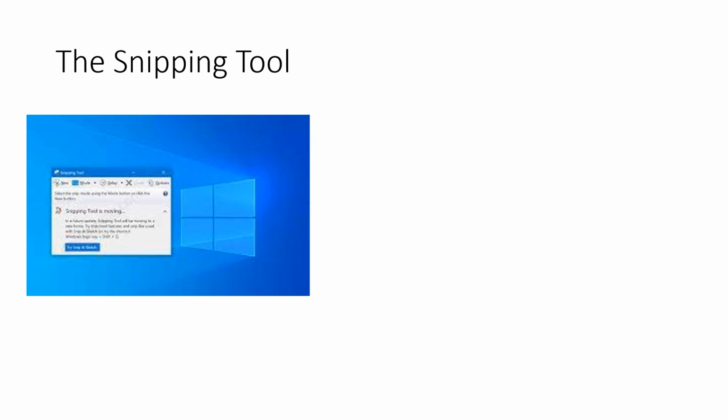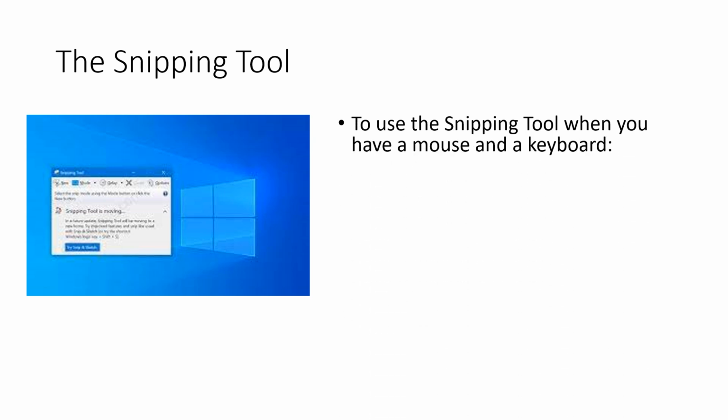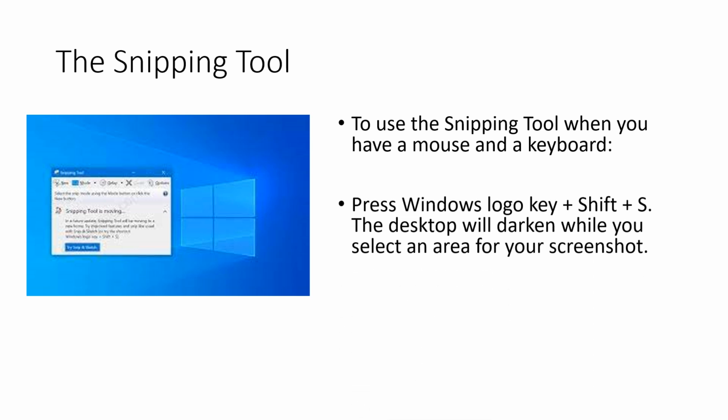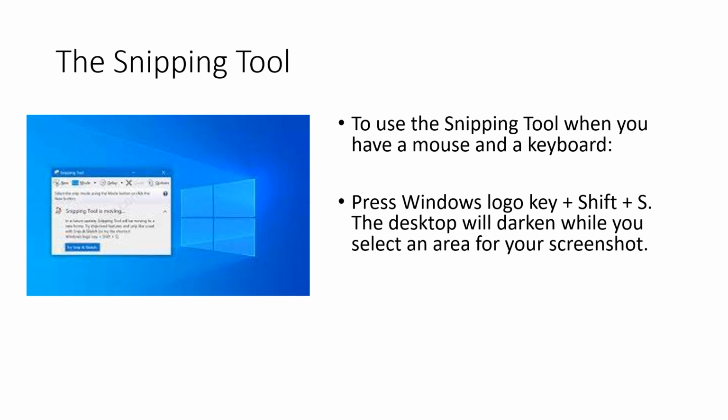Okay, so this is kind of neither here nor there, but this is a tool that I use sometimes to add information into a report. I use what's called the snipping tool. If you've got a mouse and a keyboard, this is a very useful tool. You can either go to the lower left-hand corner and type in snipping tool, or if you hit the Windows logo key, Shift and S, it'll select an area for your screenshot.